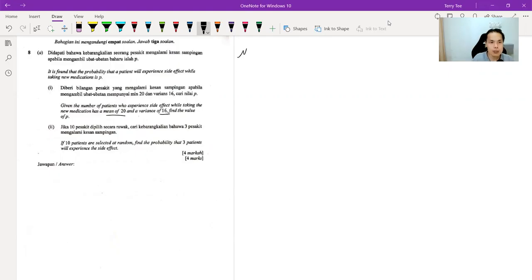So we know your mean is 20 and your variance is 16. Notice that the mean is given by NP, so NP is 20, equation number 1. The variance is NPQ, so NPQ is 16, equation number 2.